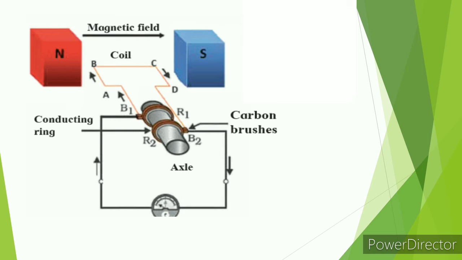When the axle rotates, the branch AB goes up and the branch CD goes down, so the coil rotates in clockwise direction.